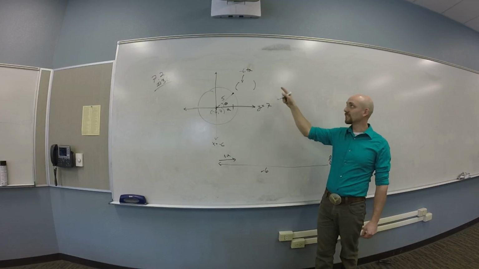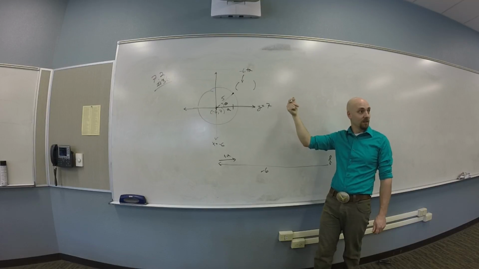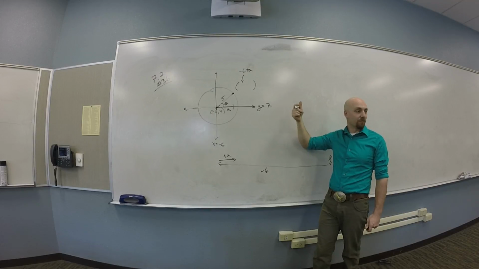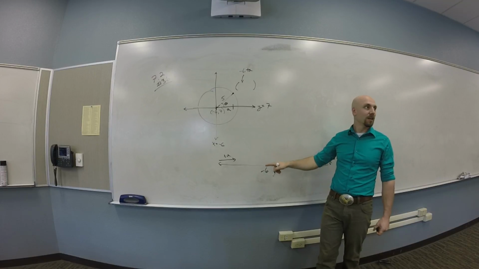That's why I like -6 plus A as opposed to A minus 6, which is mathematically equivalent, but kind of thought-wise different. So that's how you get him to the right x coordinate.